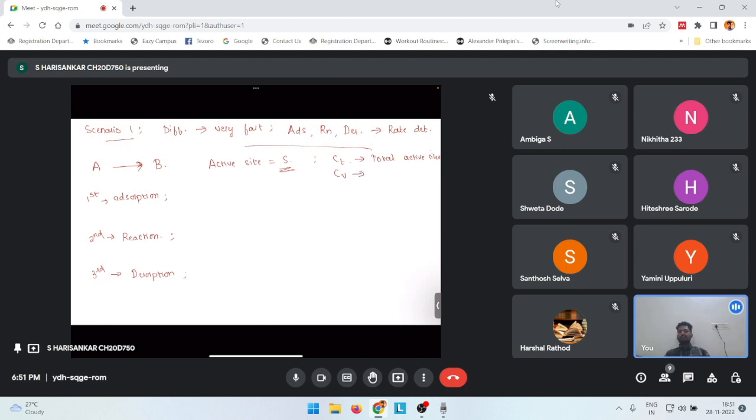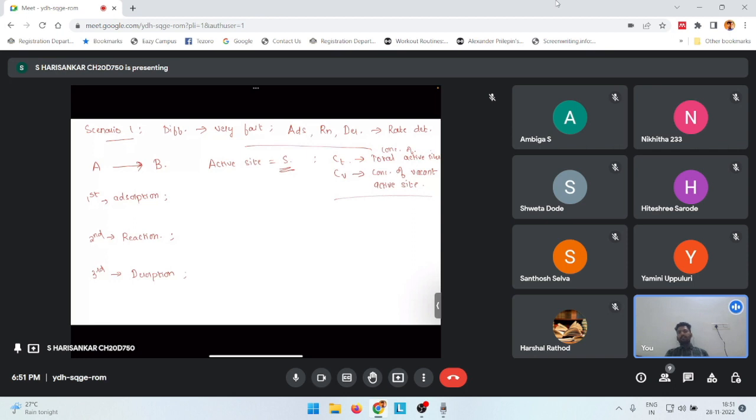Some of these can be vacant, and only some will be occupied by a reactant molecule. So let us take the concentration of vacant active sites as CV, and CT is the total number of active sites. Just these two notations, it's better to keep in mind.